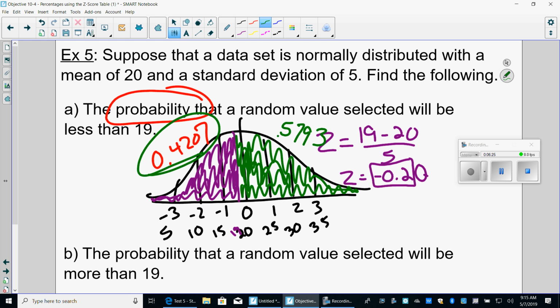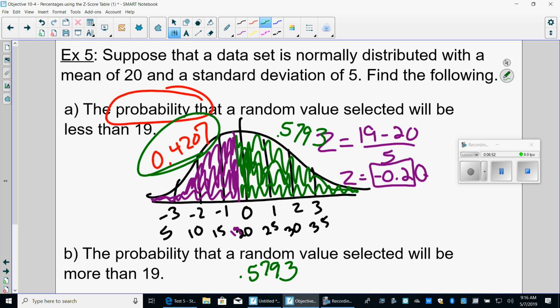0.593. Okay? And that would be the answer to this one because it's the probability. If they said the percentage, then it would be how much percent? 57.93%. And that makes sense. No, we did, because that was in the decimal form, we did 1 minus 0.4207.